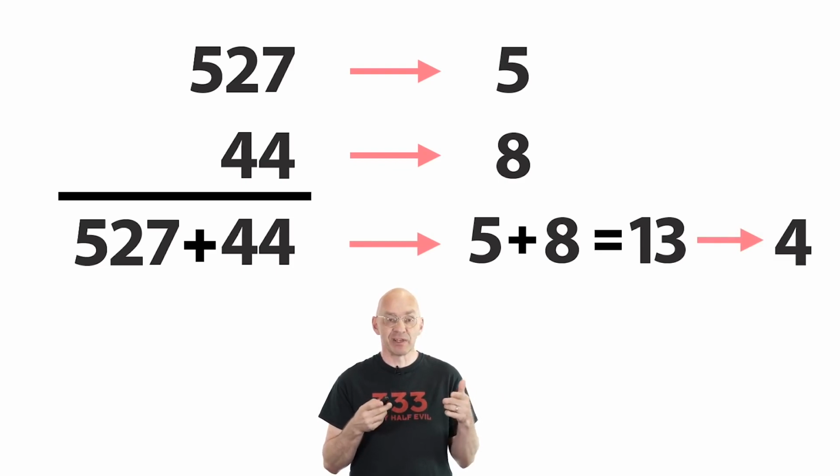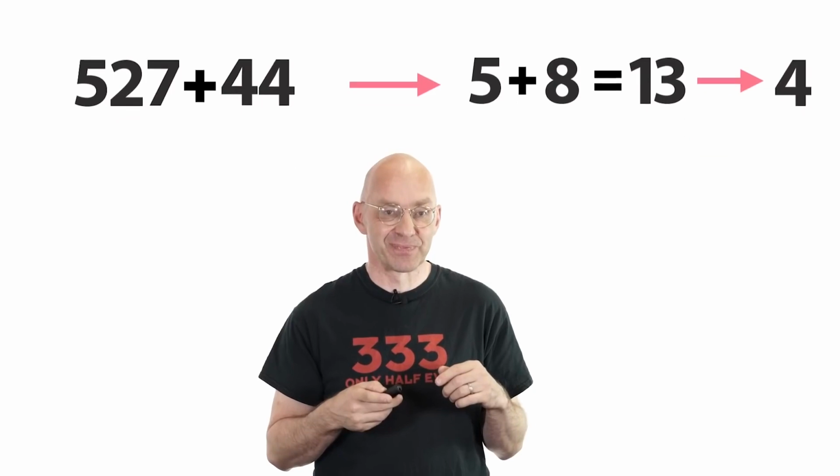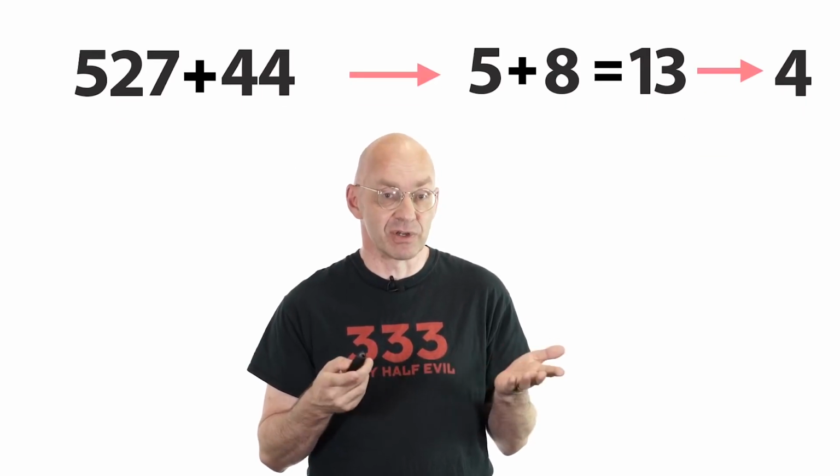This means that the remainder of 527 plus 44 on division by 9 is 4. Clear? Again, this is the sum shortcut. If you know the remainders of two numbers, the remainder of their sum is simply the sum of the remainders or the remainder of that remainder sum. That's also good to know, right?